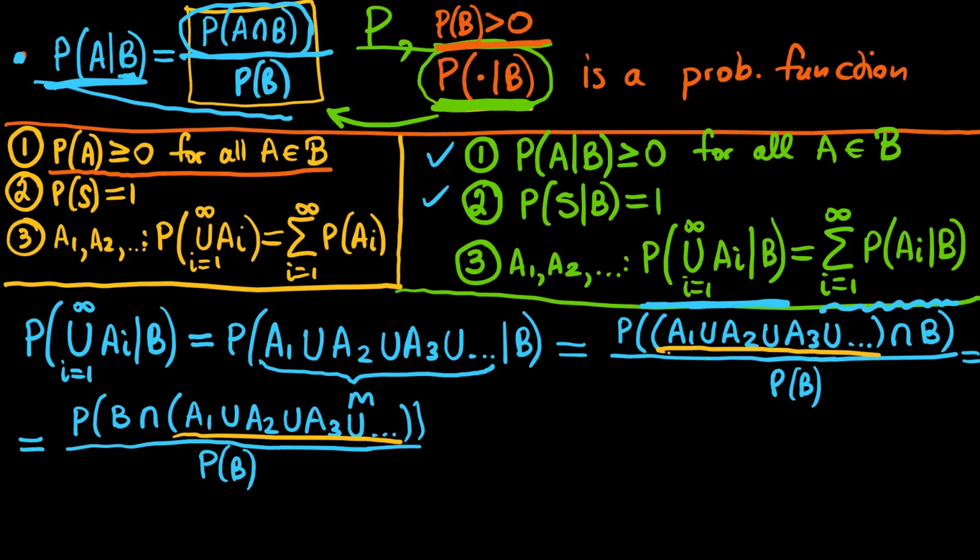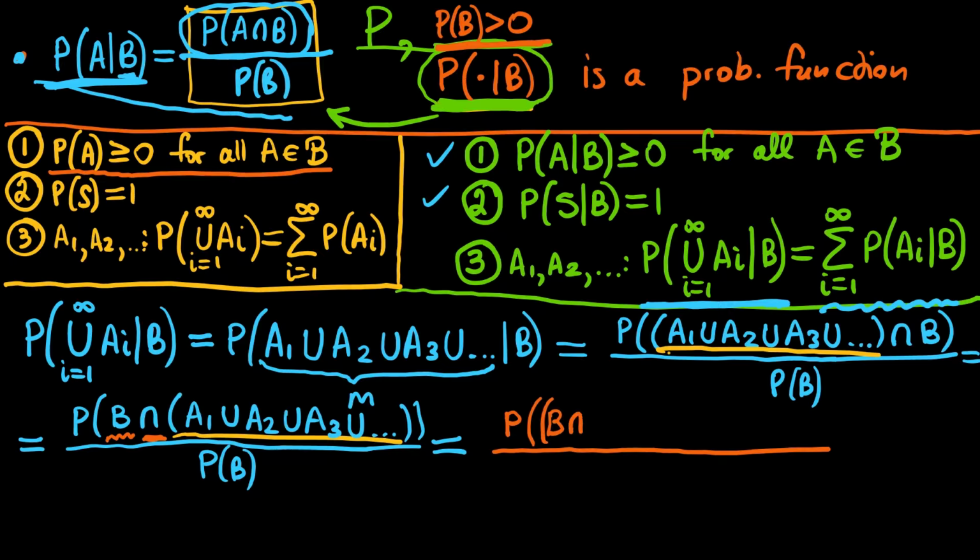We can do that by the commutative law, and the reason I think this is better is because now recall what the distributive law said. With the distributive law we had a set intersected with a chain of sets held together by the union. So now we're going to distribute an intersection to each set in the parentheses.